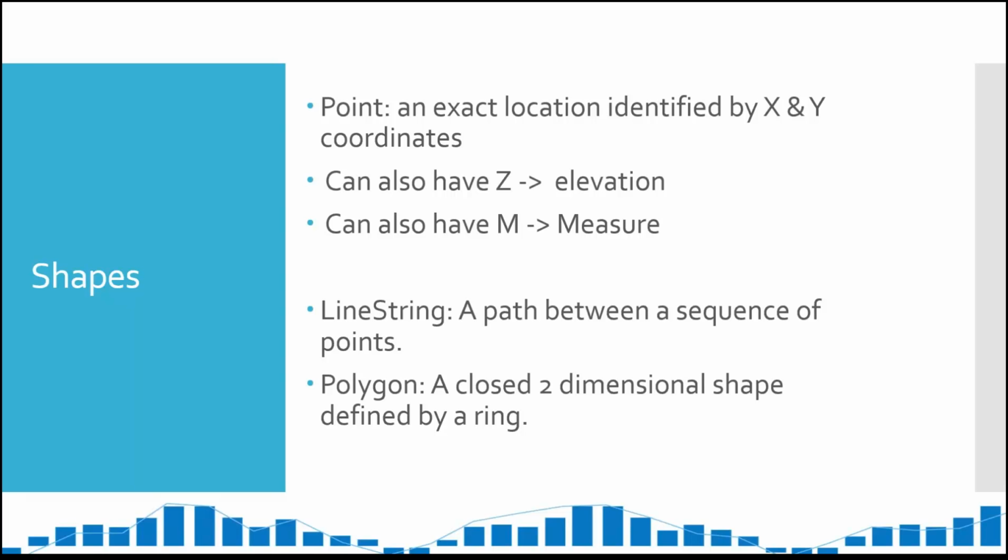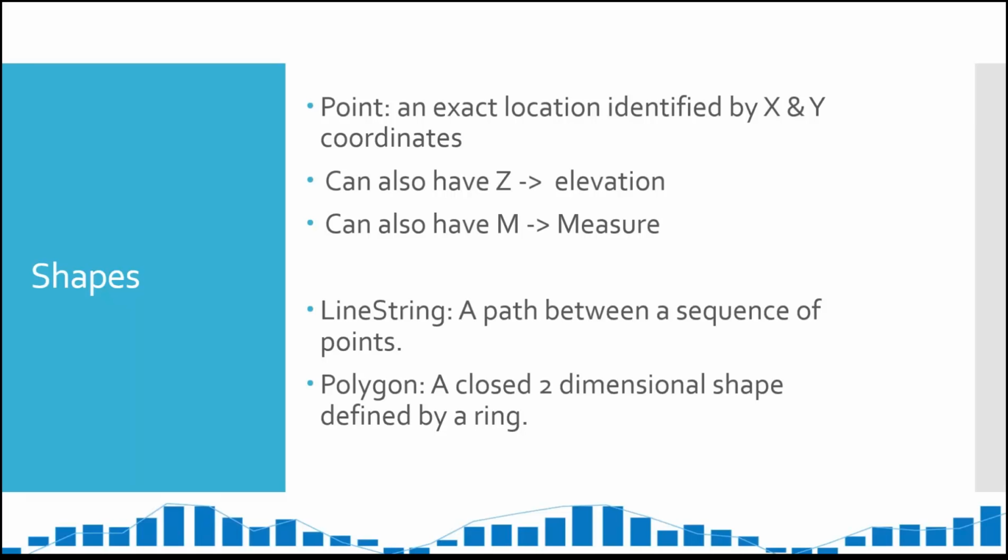So we already talked about the points, the x and y axis. You can also have z and m coordinates as well. Z is elevation, and m is for measure. The m is flexible. It can be anything you want it to be that can be stored as a number. One of the examples that made more sense to me was mile markers.